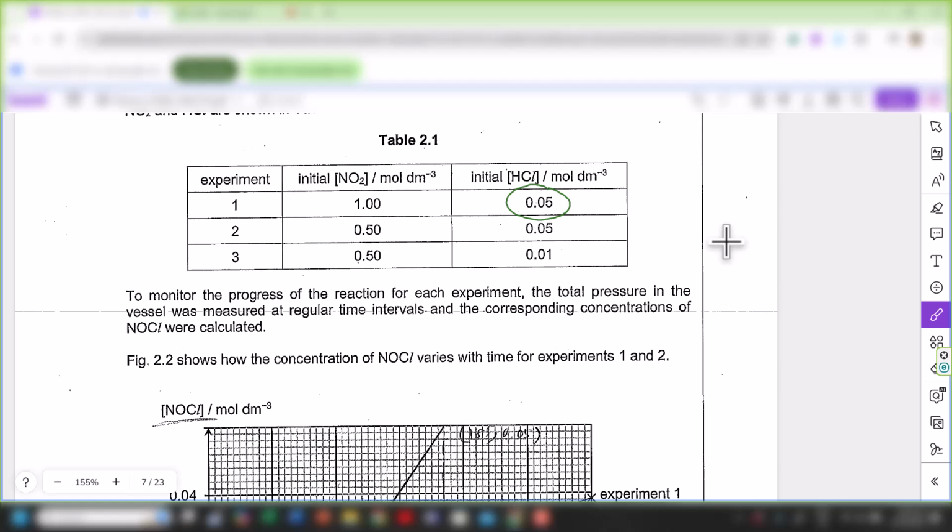Then, what do you learn about half-life? Half-life is not concentration dependent, right? Because for a first order reaction, t half is ln 2 over k. So it doesn't matter whether my concentration of HCl is 0.05 or 0.01. It will not affect half-life.